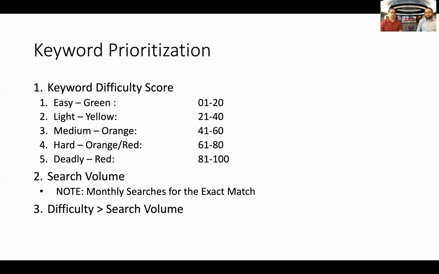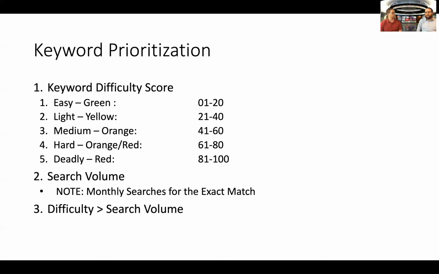Medium is 41 to 60, hard 61 to 80, and extremely hard or deadly is 81 to 100. When it comes to prioritizing, we're looking at difficulty first, search volume second. Search volume from these tools is reported on a monthly basis. So it's monthly searches for the exact match of that key phrase.